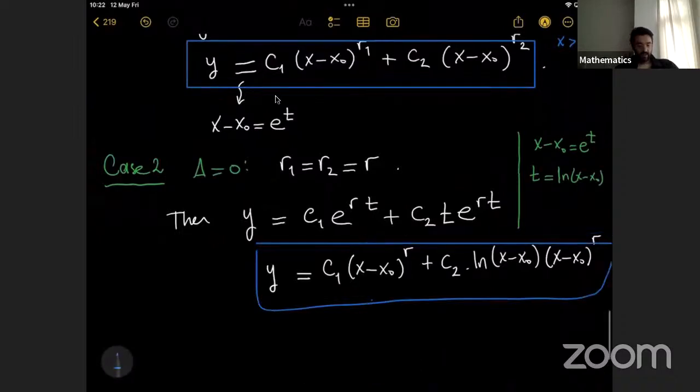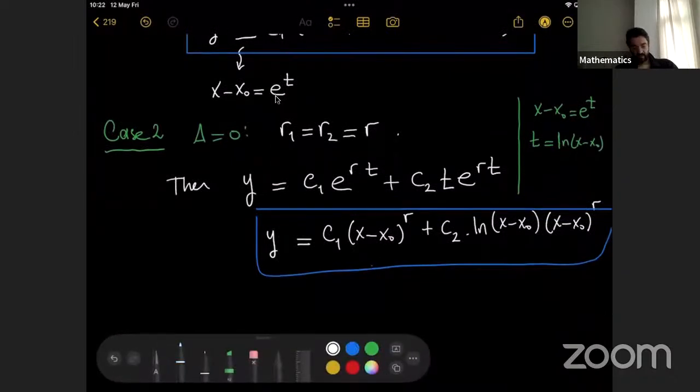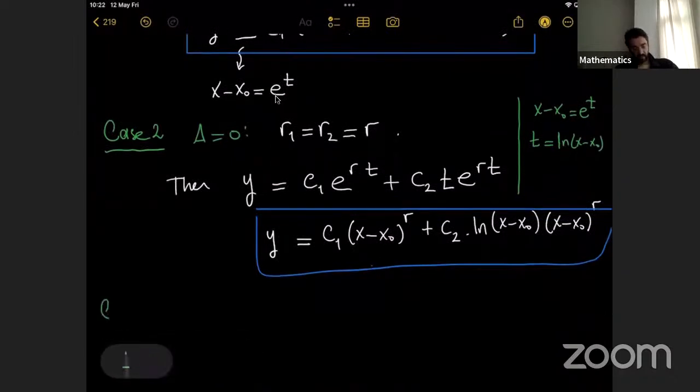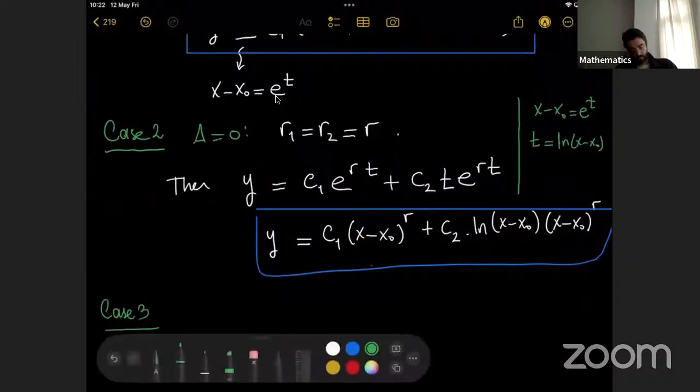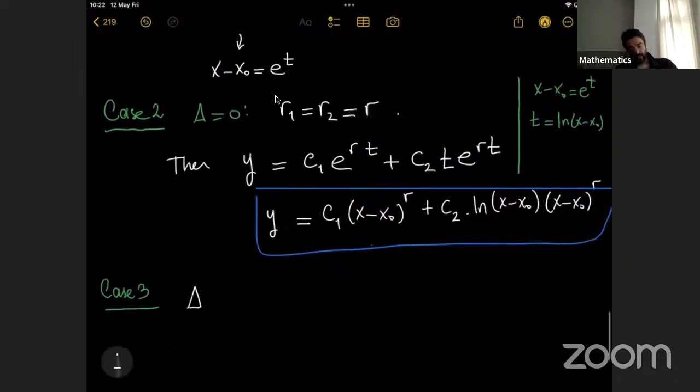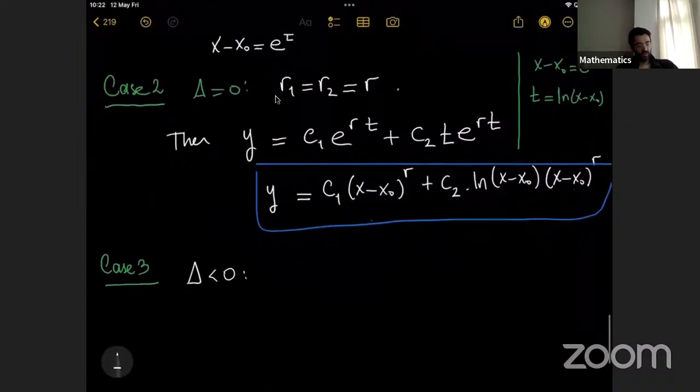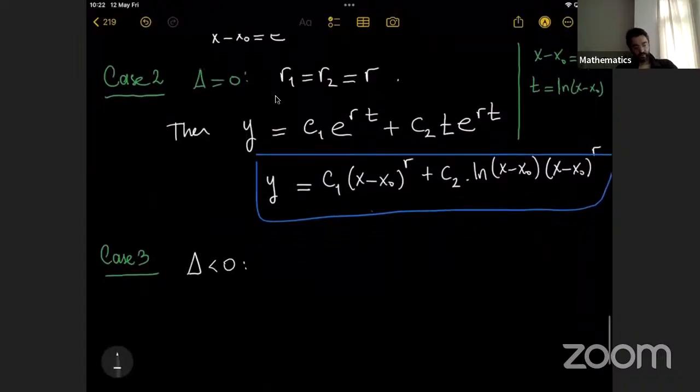Well, finally, we have delta negative, case 3. In that case, we have complex solutions, right? Roots are complex conjugates.